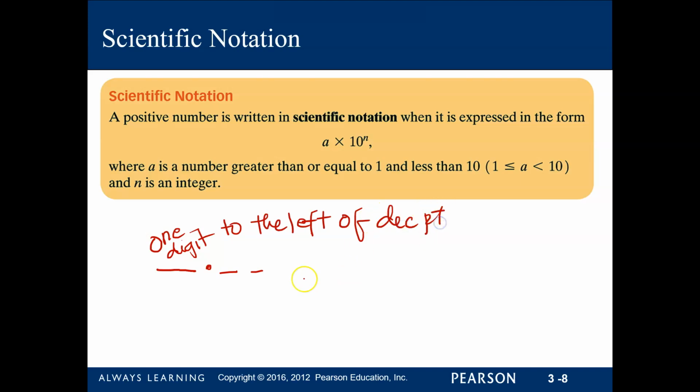You cannot have, let's say, 35.4 times 10 to the 5th power. This is not allowed. The first digit should always be a number from 1 to 9. You can have as many decimal places afterwards, but the first digit should be one digit only.